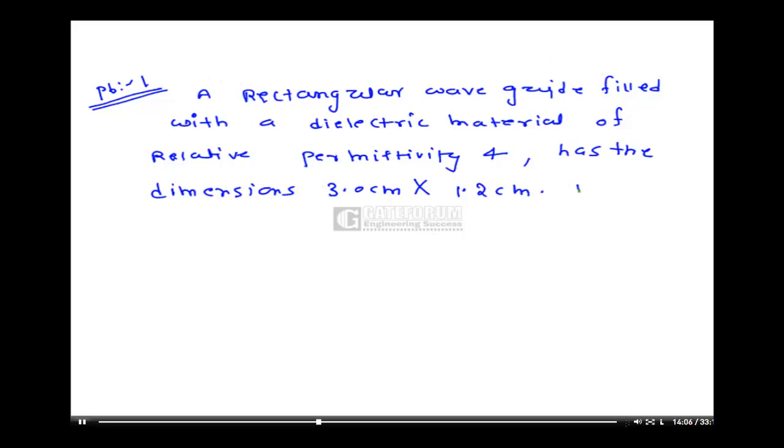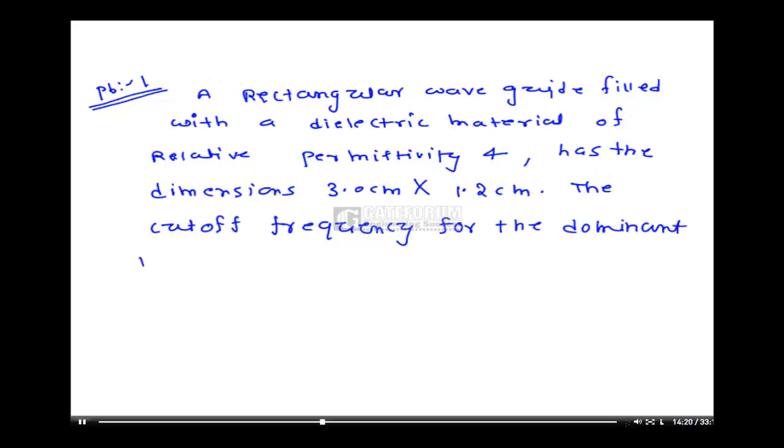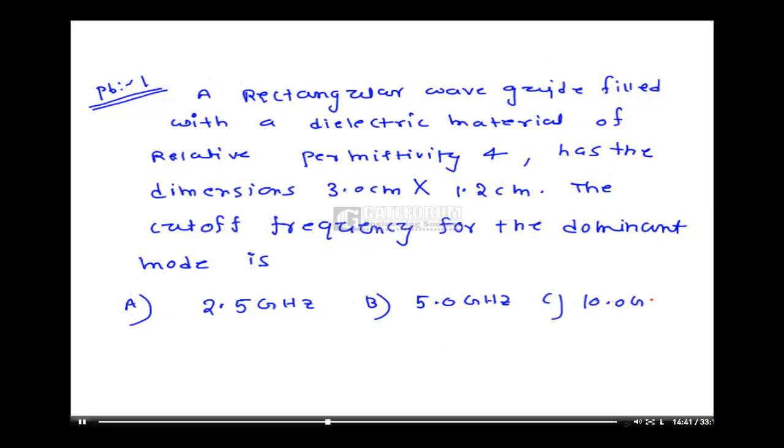The cutoff frequency for the dominant mode is: option A, 2.5 gigahertz; option B, 5.0 gigahertz; option C, 10.0 gigahertz; option D, 12.5 gigahertz.